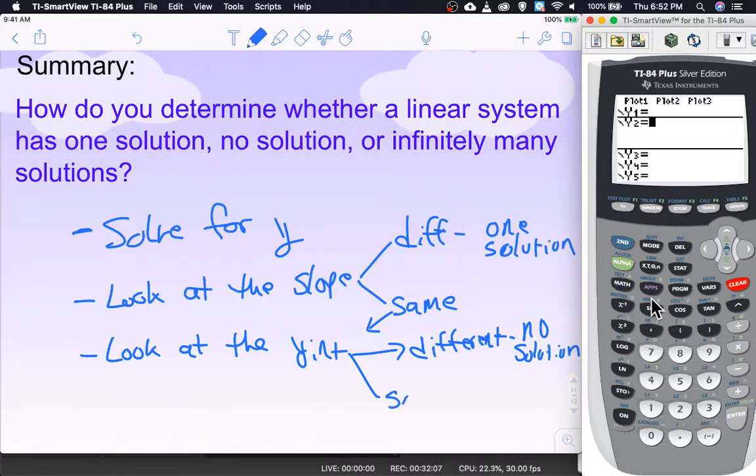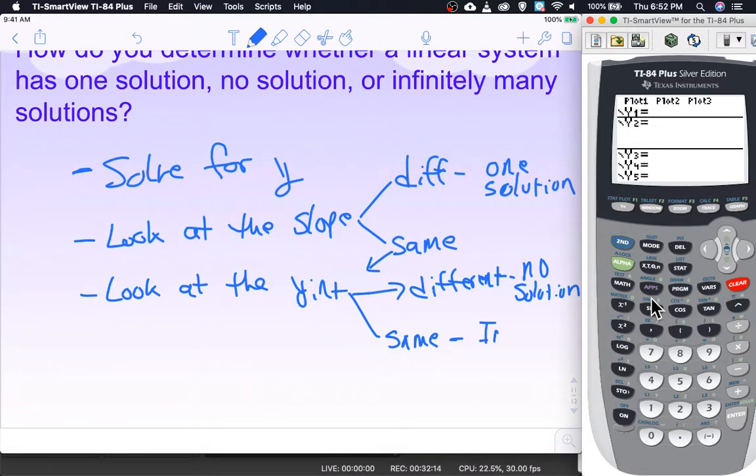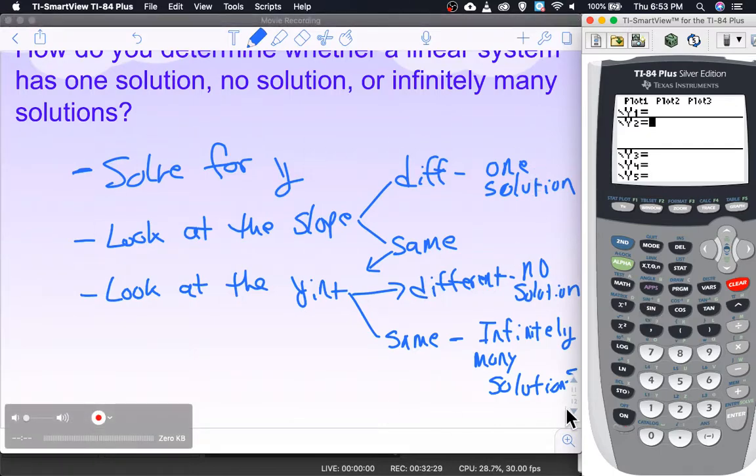If they have the same slope and the same y-intercept, it means they're overlapping and there are infinitely many solutions. Trying to squeeze it in there. All right, so that is a little summary.